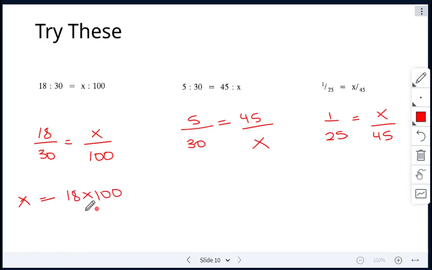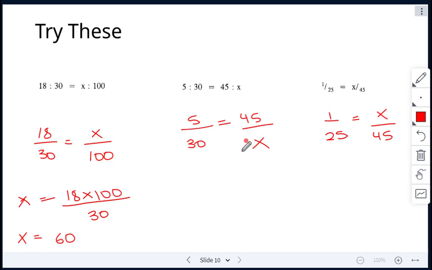Then we're going to divide by the number that doesn't have a number diagonal to it. So we're going to divide by 30. Okay, so that's the method of cross multiplication. Multiply the two diagonal and then divide by the one that's not. So feel free to use a calculator here. 18 times 100 divide by 30 and you get your answer of 60. So x here would be equal to 60.